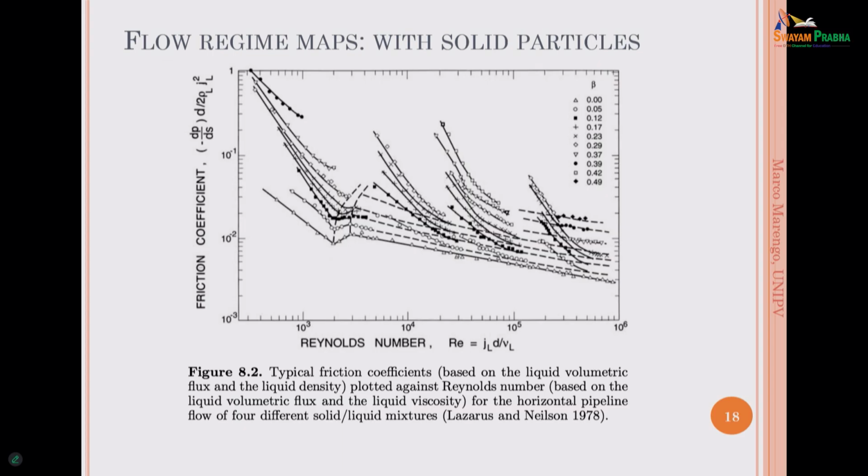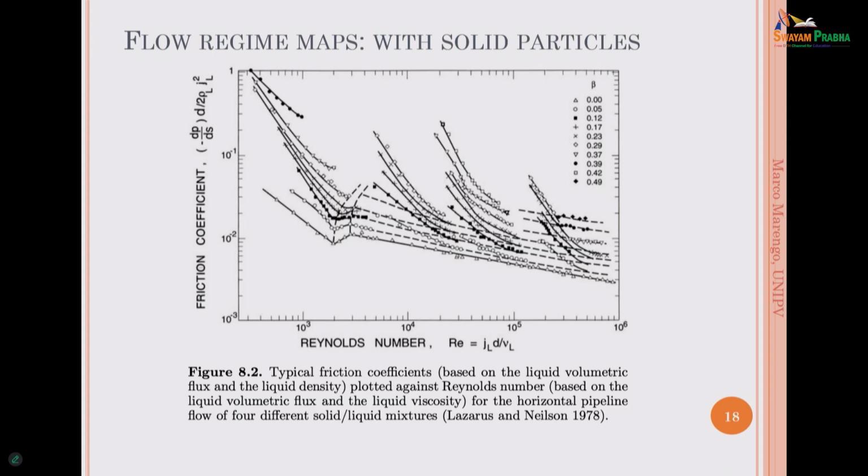Well, in the case of solid and liquid, depending on the dimension of the particles, beta is representing the dimension of the particles, you have different conditions, see? So, in fact, there is a very strong influence on the friction coefficient due to the presence of the particles inside.